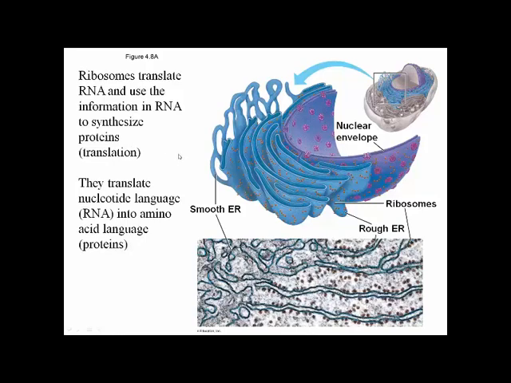These ribosomes translate nucleotide language into amino acid language. They read the sequence of nucleotides, which is several thousand bases long in RNA, and translate it into the sequence of amino acids. And like I've said before, gene expression is part of a later topic.